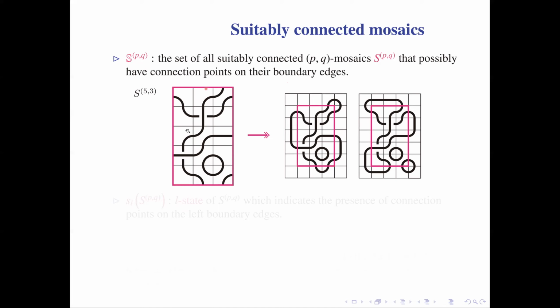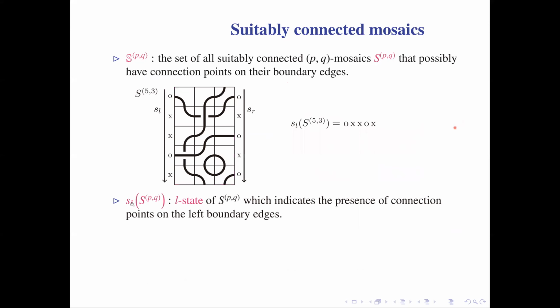So for example, given a suitably connected 5 by 3 mosaic, we can have 2 knot 7 by 5 mosaics. Next, let S_L be the L state of the suitably connected mosaic, which indicates the presence of connection points on the left boundary edges. L means left.